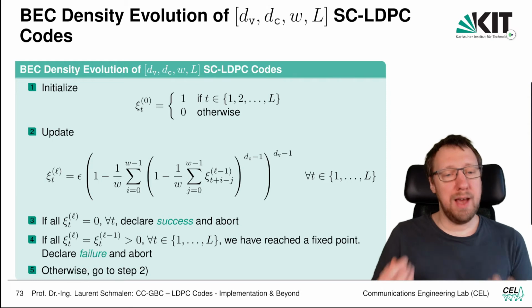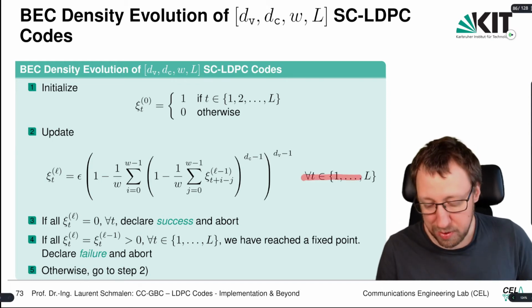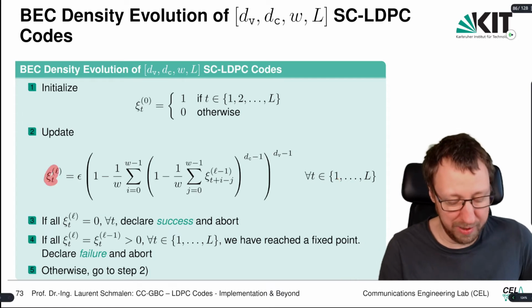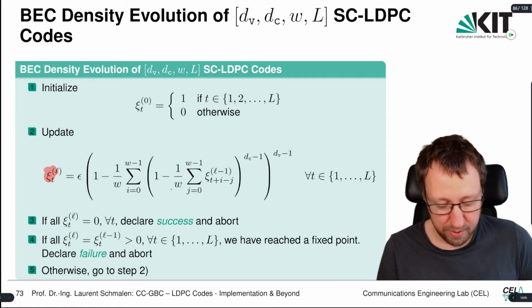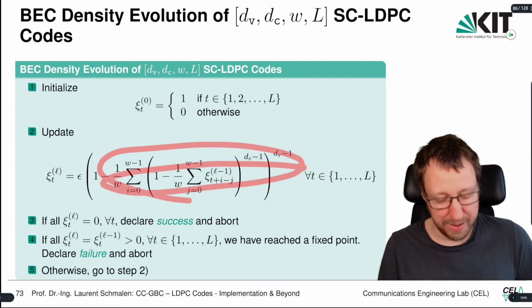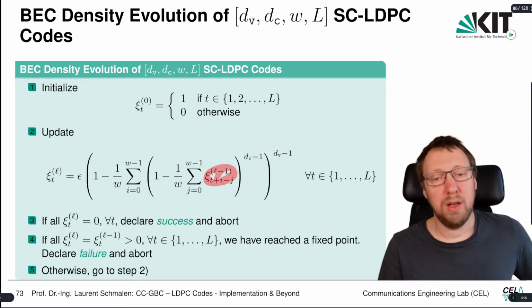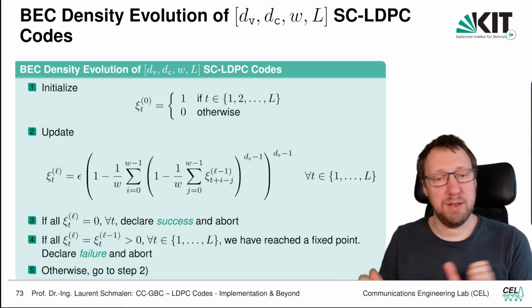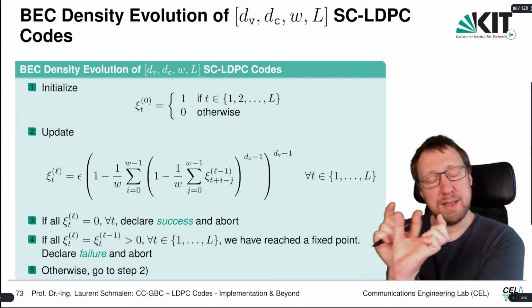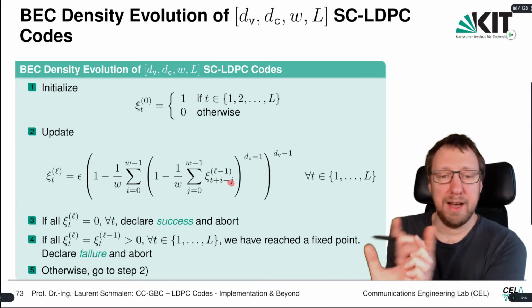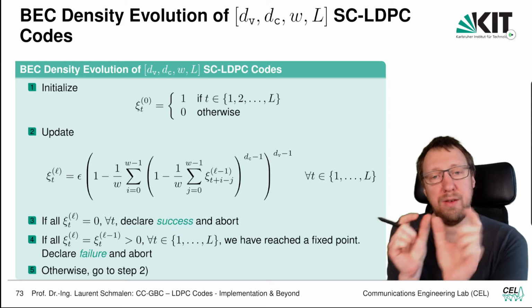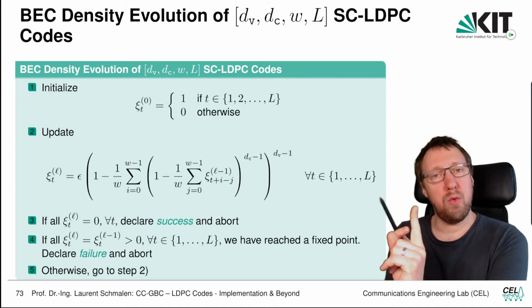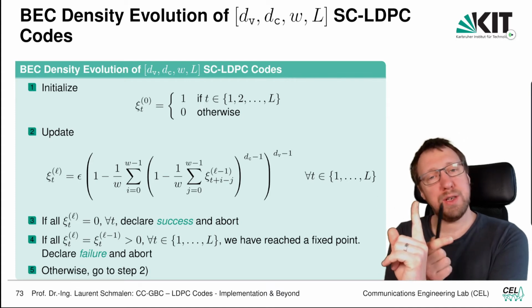And then we carry on the update. So for every spatial position that's useful, so from 1 to L, we carry out the update c_t^(l), and we just use this update equation, and c_t^(l) depends on the 2w minus 1 neighboring spatial positions. So we can go in one side, t plus i minus j, or in the other side, depending if j is negative. So there is a window. c_t^(l) depends on a window around t, on the erasure probabilities around t.